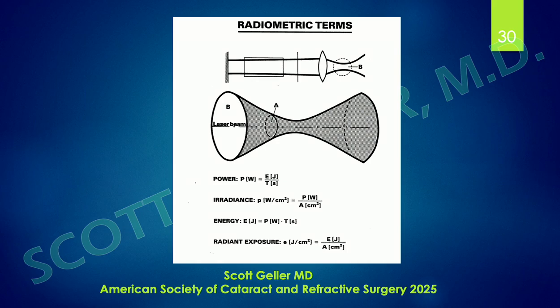What's the radiant exposure? That's the joules per centimeter squared, which is energy in joules over the area in square centimeters. So you can impress your colleagues with all your knowledge of this esoteric stuff.